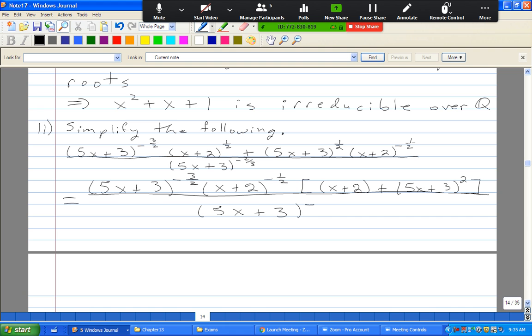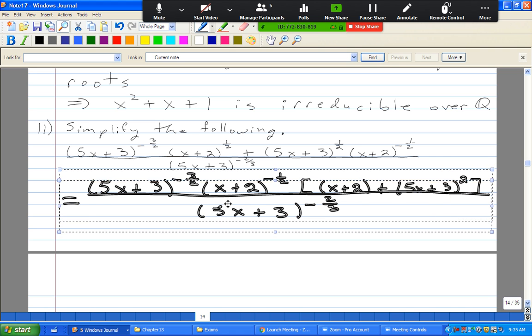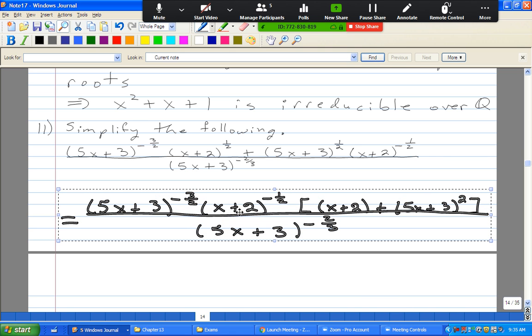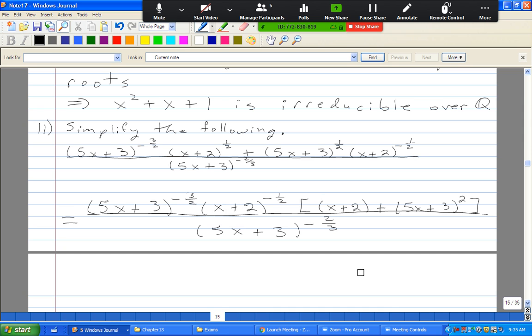Okay. Give this a little bit more space. Okay, so now let me move these around a little bit. So let me bring this up. Yeah, let's do that first. Let's bring this up to the numerator.